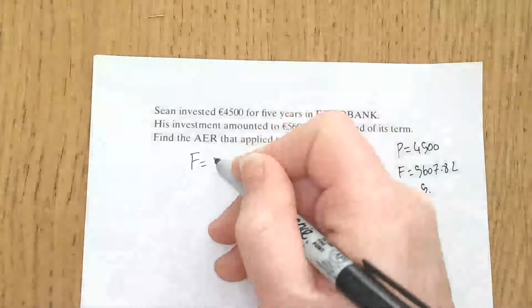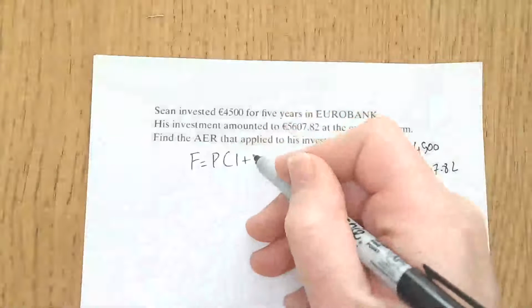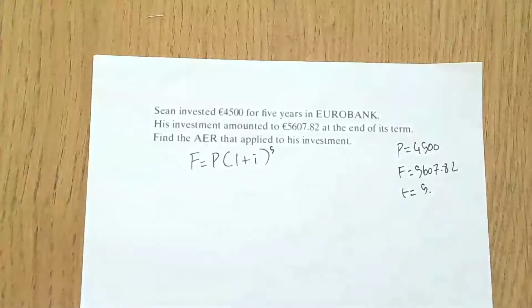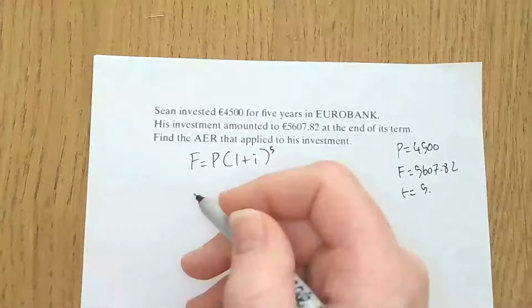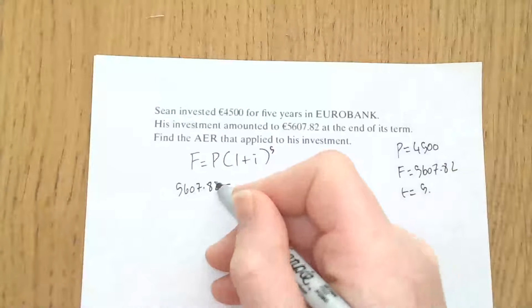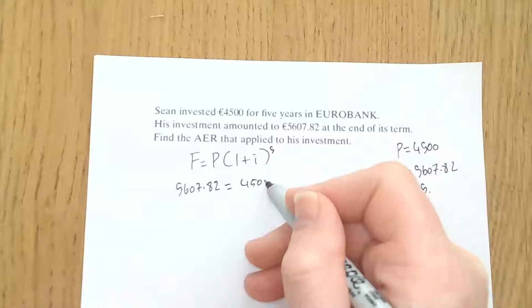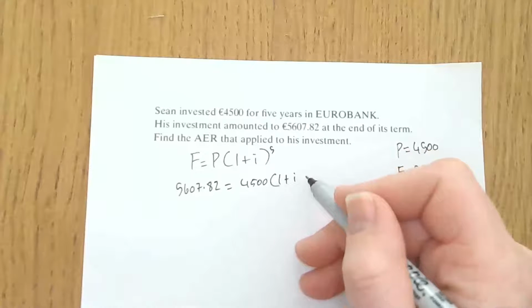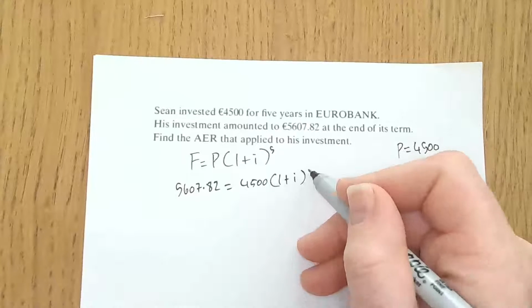F is equal to P bracket 1 plus I to the power of 5. We're going to put our numbers in: 5607.82 is equal to 4,500 bracket 1 plus I to the power of 5.